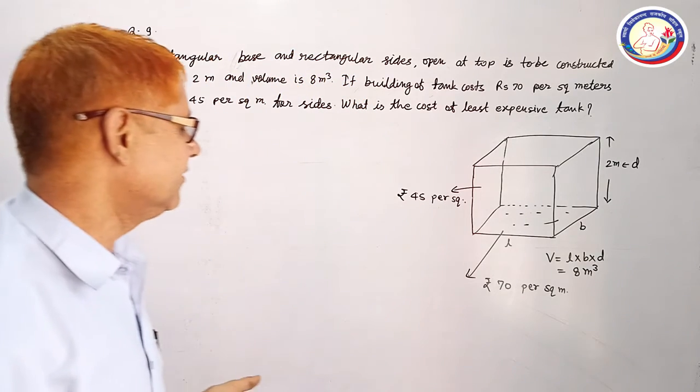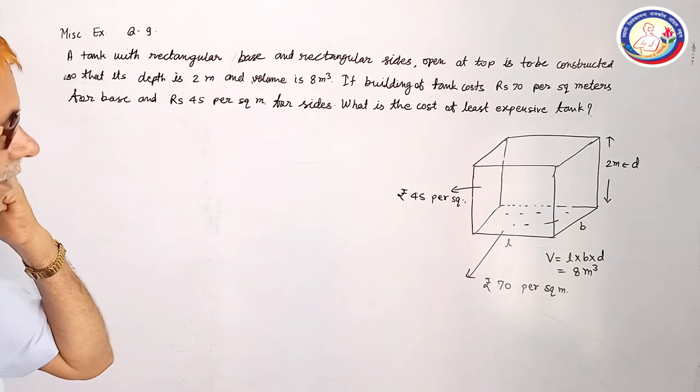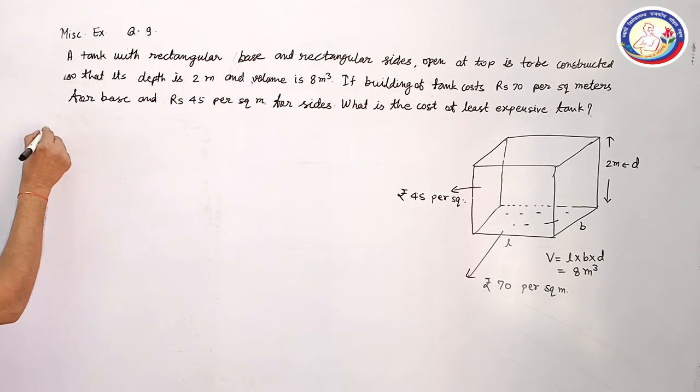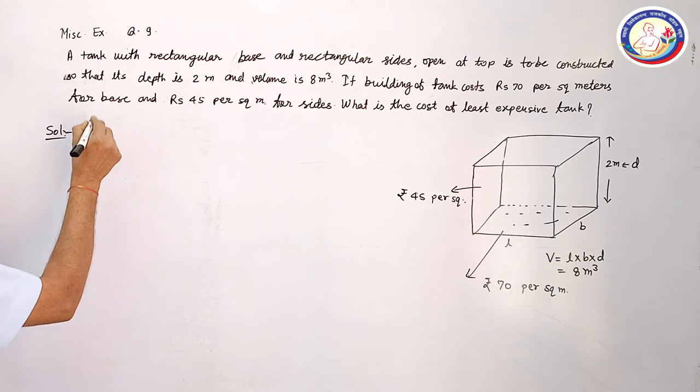How can we solve it? Using maxima and minima, we have to find the minimum value. Here the volume is 8 cubic meters.